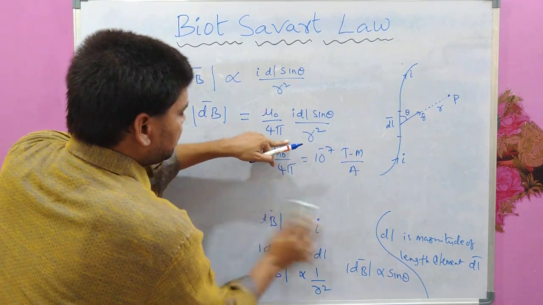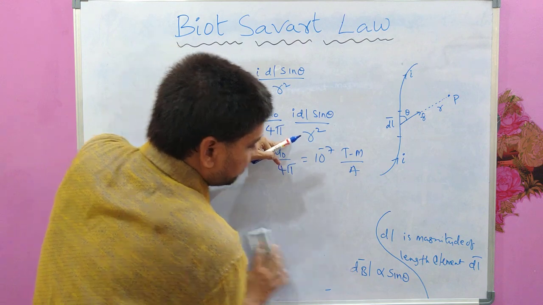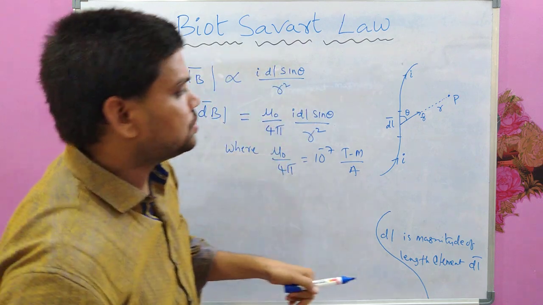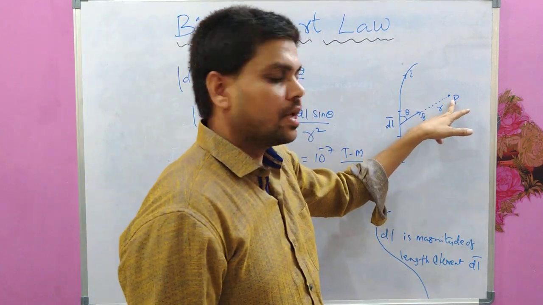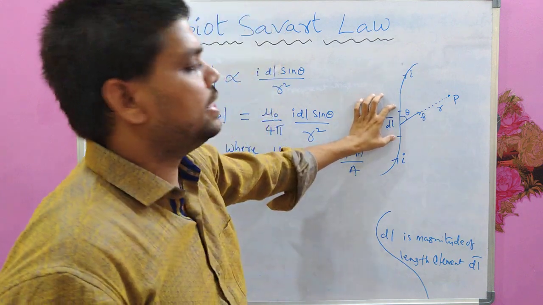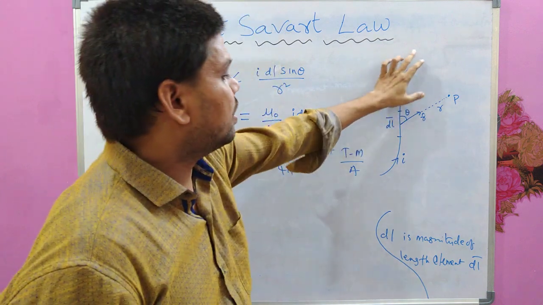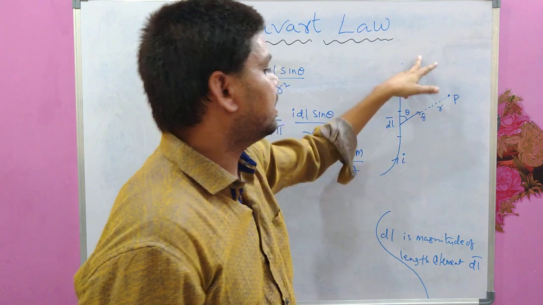So this is the magnitude of the magnetic field produced at this point P due to a small element dl from this current carrying conductor.